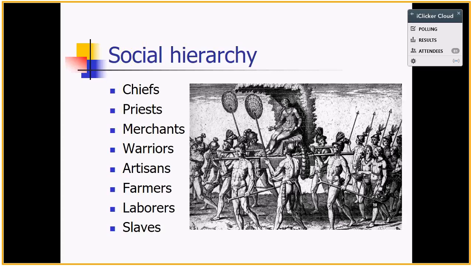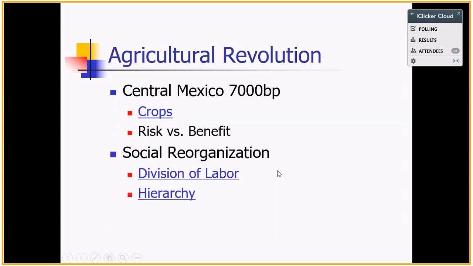And so the larger the group, the more complex the hierarchy, the more complex the division of labor. And some of these Native American groups, like the Aztec, the Iroquois perhaps, the Mississippians, start to develop social systems that are every bit as complicated, complex, sophisticated as what the Europeans are used to by 1492.